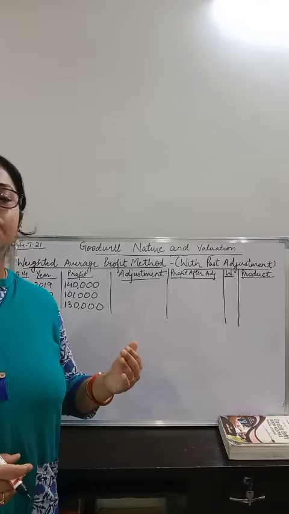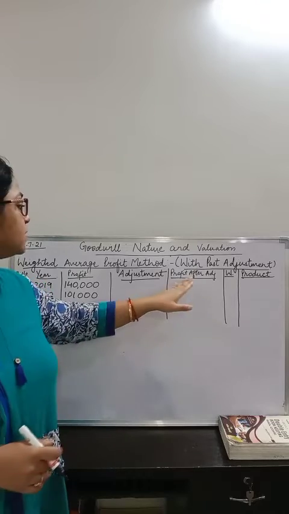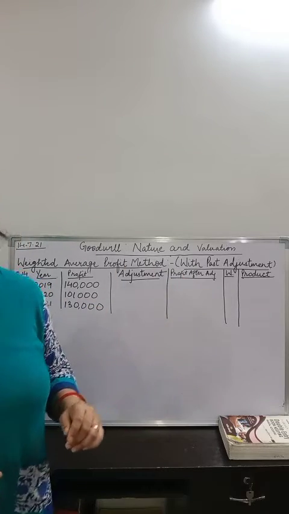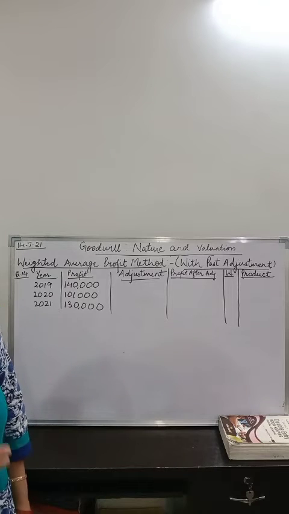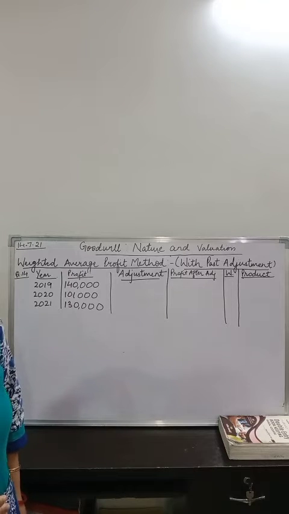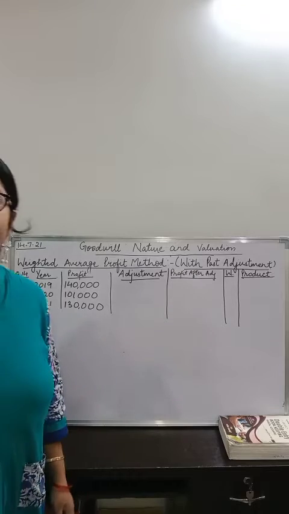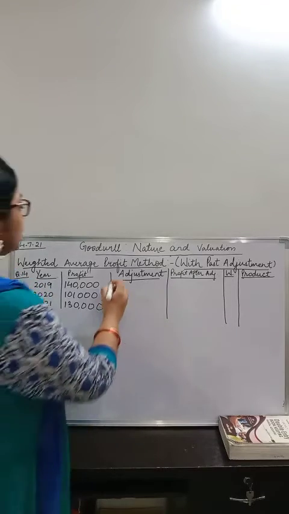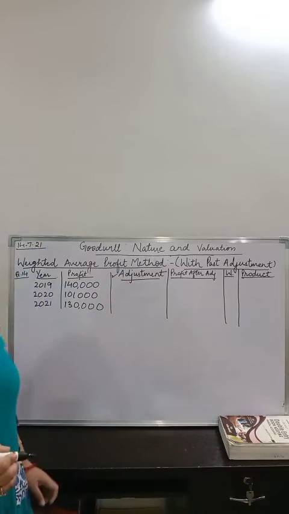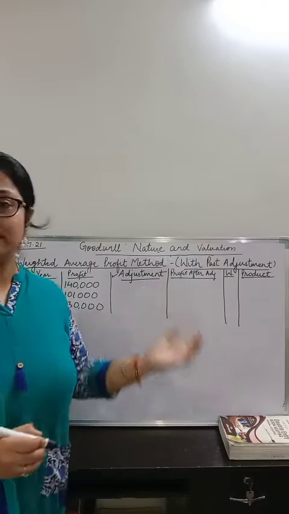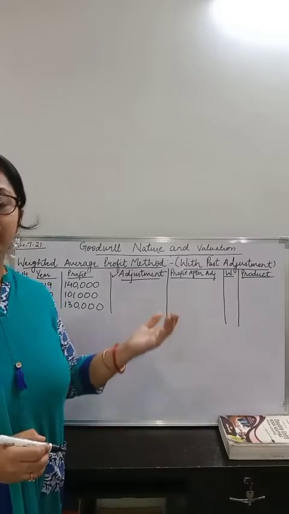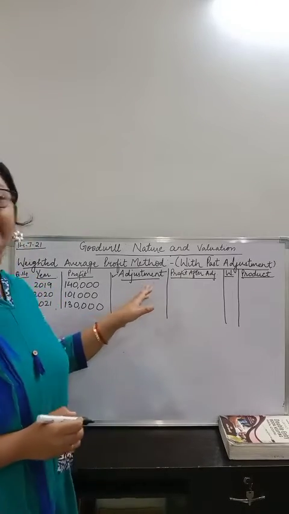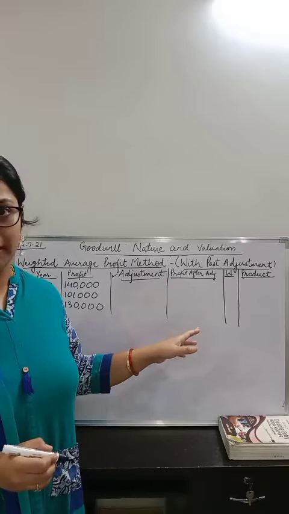Now, as the question progresses, you will find out some adjustments which are required. I will read it out for you. The annual accounts have shown the net profit before adjustment of salary. So, here we will make adjustments for salary, because salary is an item of revenue nature, daily nature expenditure, and it should have been taken into PL account.